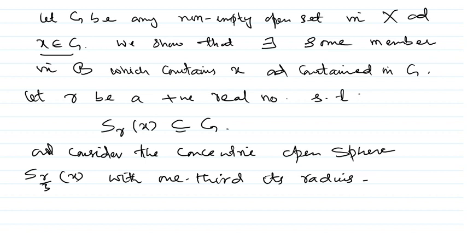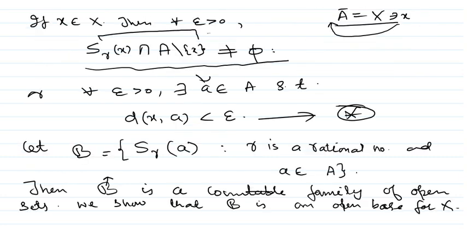Now you have two things. First, A is dense in X, that is, A closure is equal to X. And you have a point x in X and a positive real number r by 3. Now by star, which we defined there, we had said that if x is in X, then for every epsilon positive there is a point A in capital A such that the distance between x and A is less than epsilon.